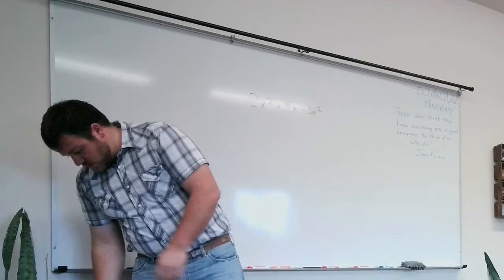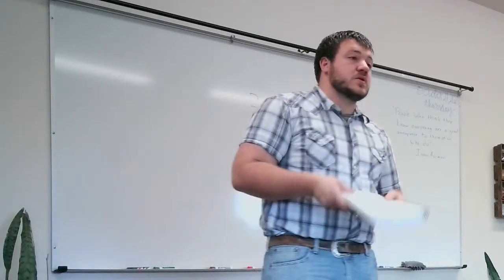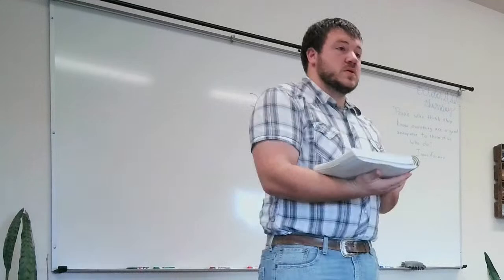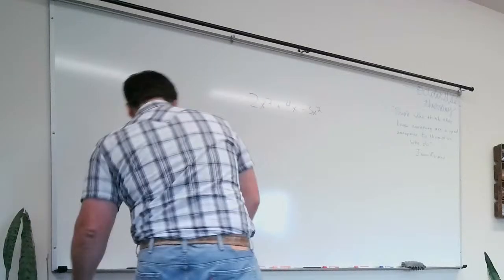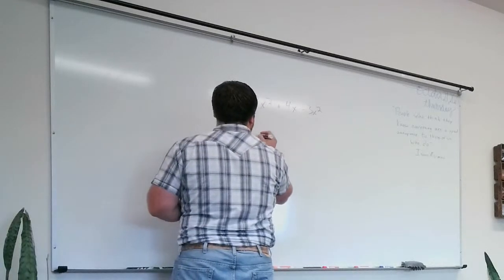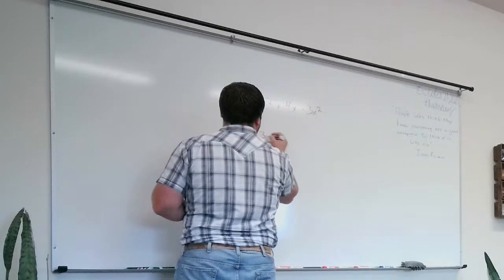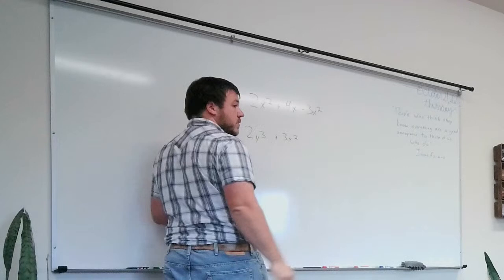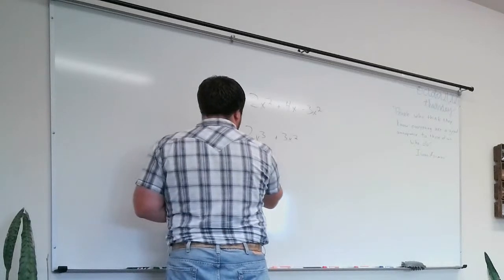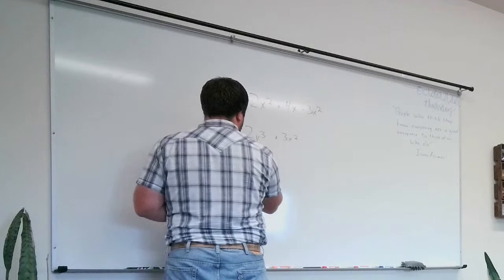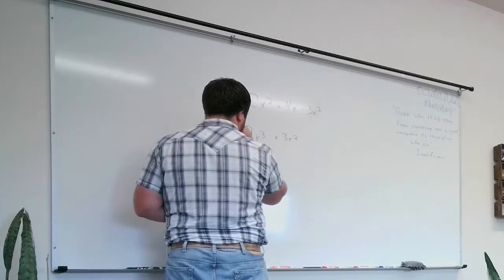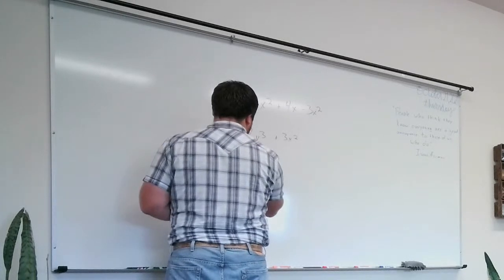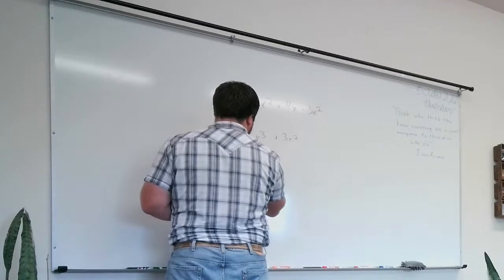Mr. Kent, say there's a 2y cubed, and then there's a 3x squared, and say y is 2, and then we say x is 3. Something went wrong when I used it.